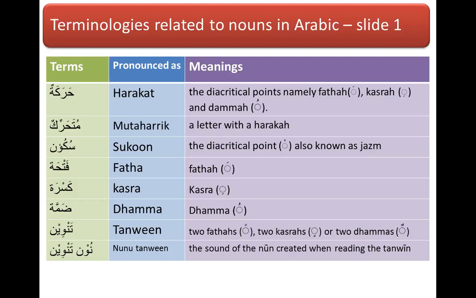Next term is tanween. Two fathas or two kasras or two dhammas are called as tanween. Any of this pair is called as tanween.